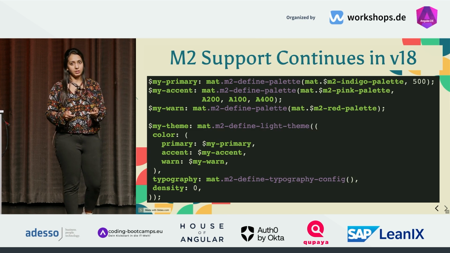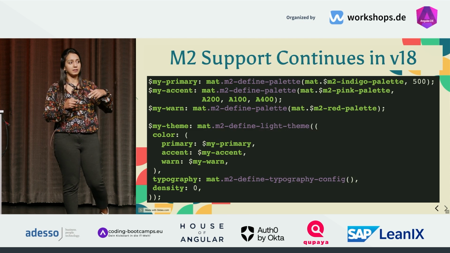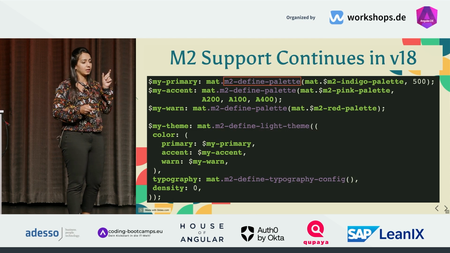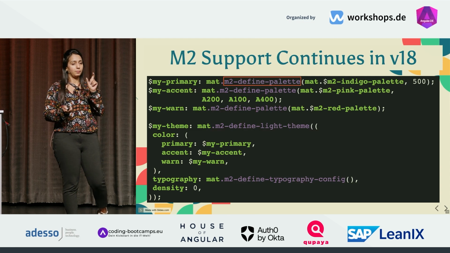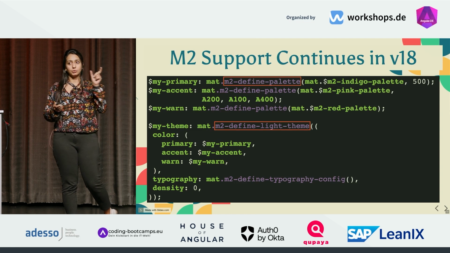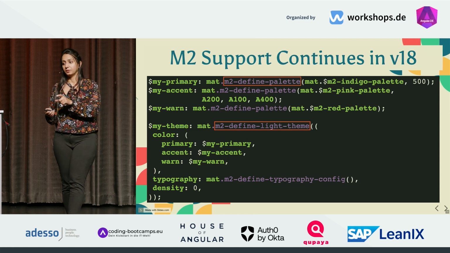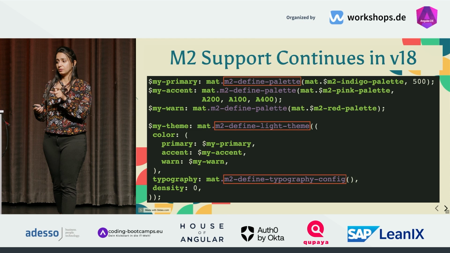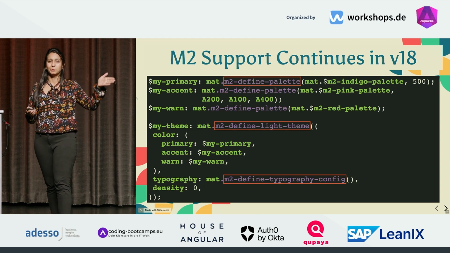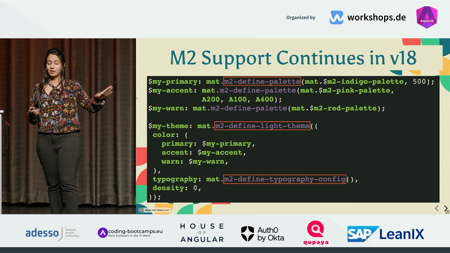So once you run NG update, all it does is automatically convert all of the places where you were using the mixins or any SASS APIs for Material to M2 versions. So you will still be on version 18, but you will be using the M2 or the Material 2 version if you choose to do so.